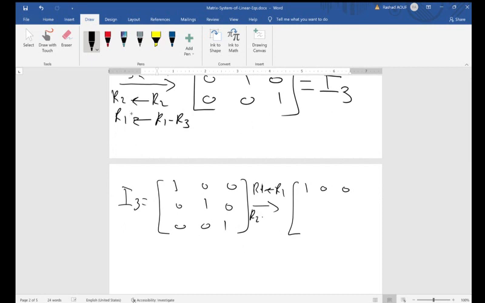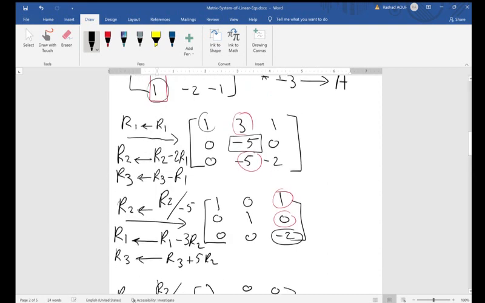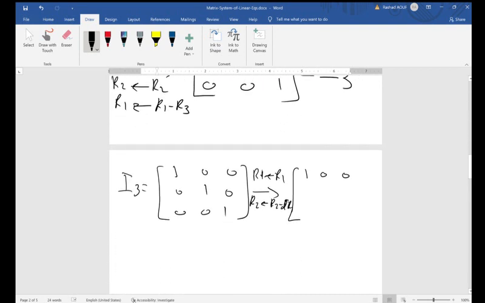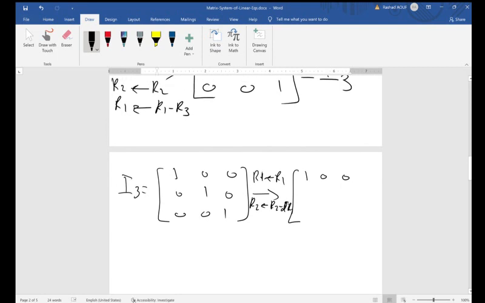Row 2 minus 2 row 1 will be minus 2 1 0.